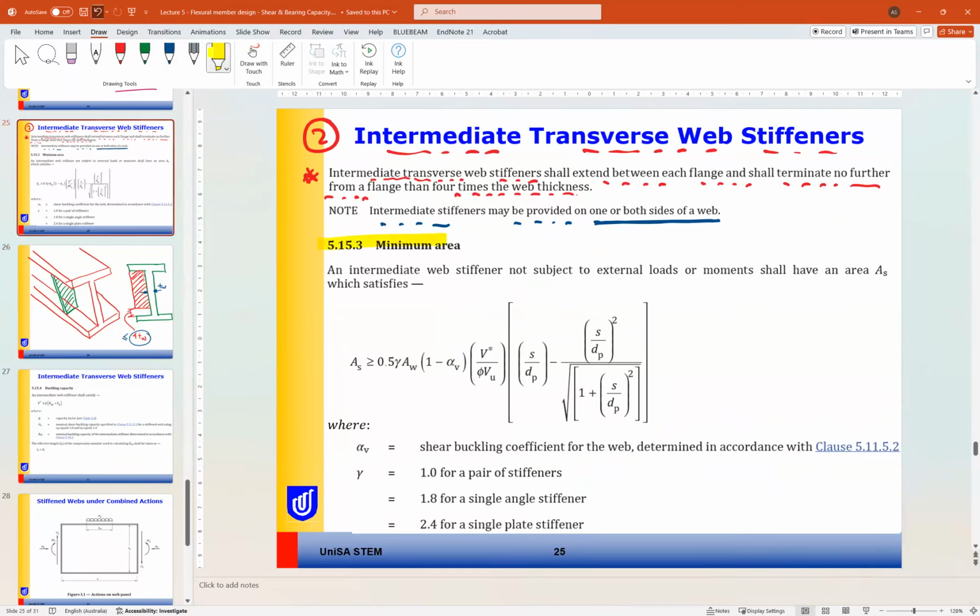So the first requirement of the standard is the minimum area of the stiffener. What is the minimum area of stiffener?